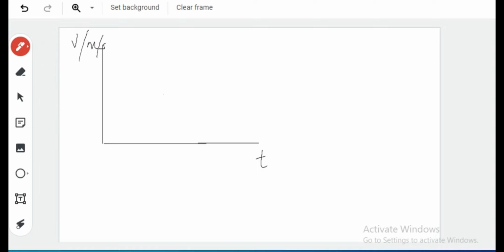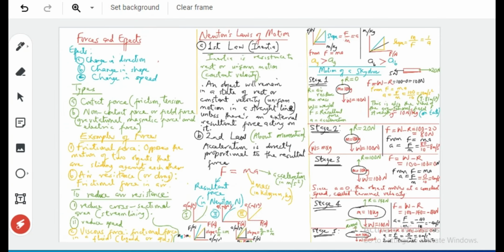So how will the graph go? Down, sloping, a decreasing slope. All right. Decreasing acceleration, the first stage. Do we agree? Yes. First and second stage.